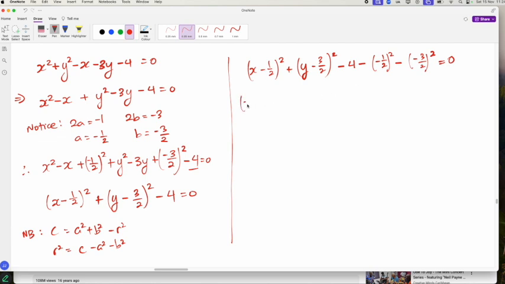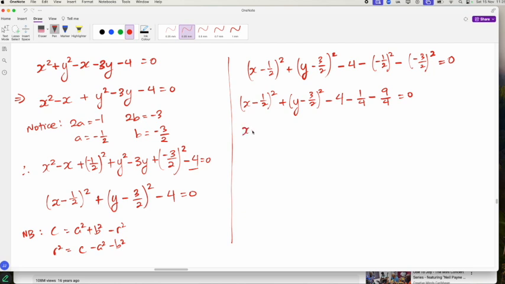So x minus a half squared, and you can see here in this standard form that the center is going to be a half and 3 on 2 one time. y minus 3 on 2 squared, and this will be minus 4 minus 1 on 4 minus 9 on 4. And you can see we get back the same thing.